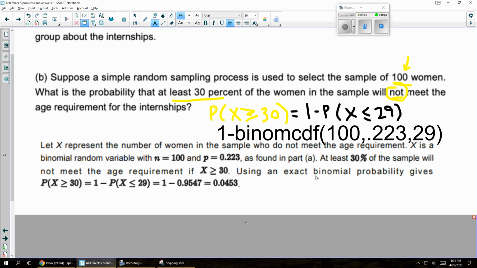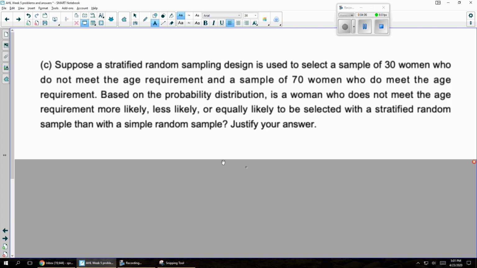Okay. The binomial probability says the greater than or equal to 30 is 1 minus less than or equal to 29, which works out to be that value right here. You can put that in your calculator to get 0.9547 or 1 minus 0.9547. And there's your answer.